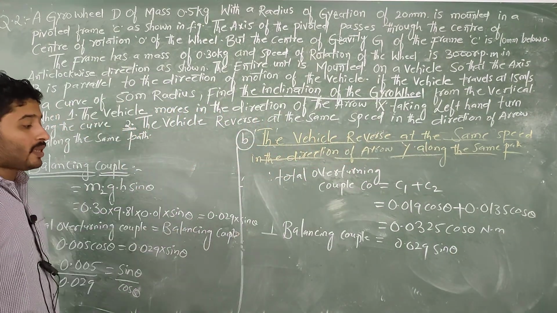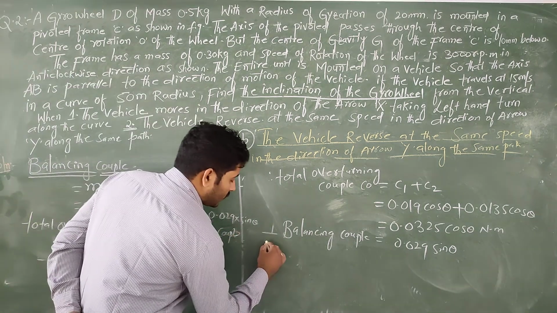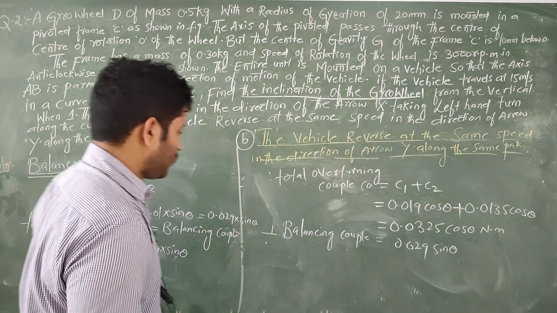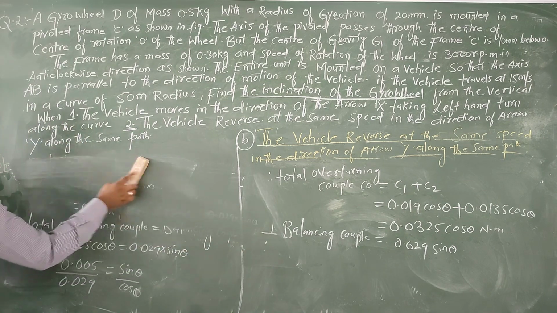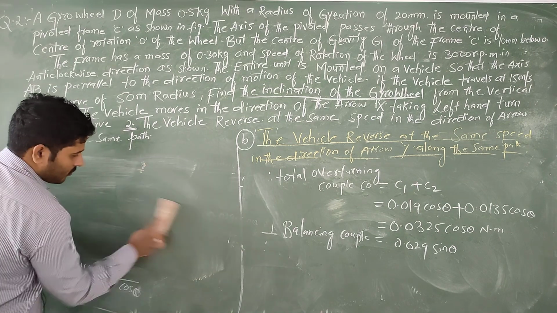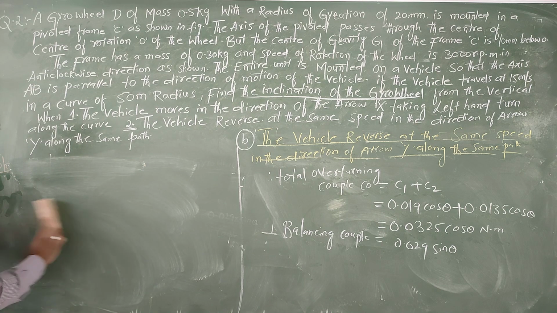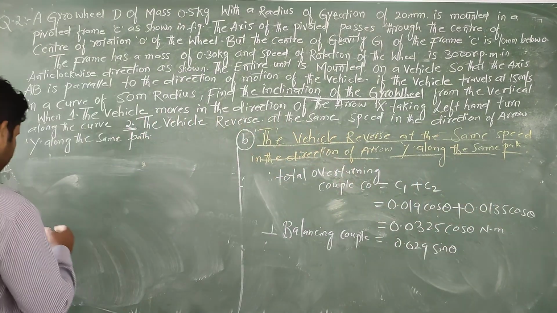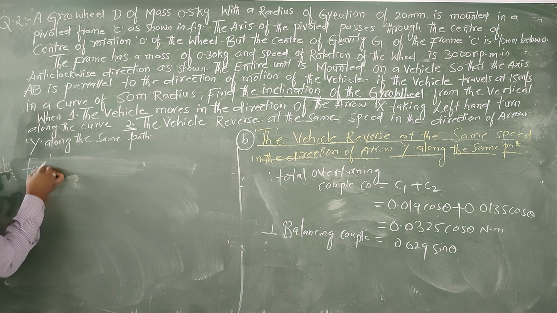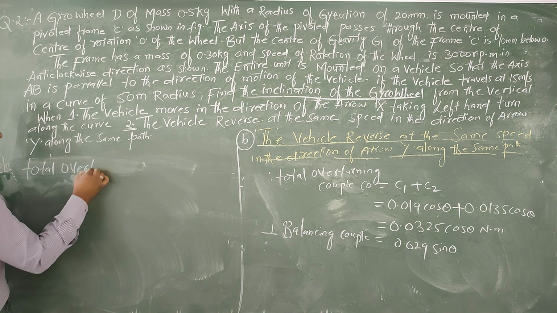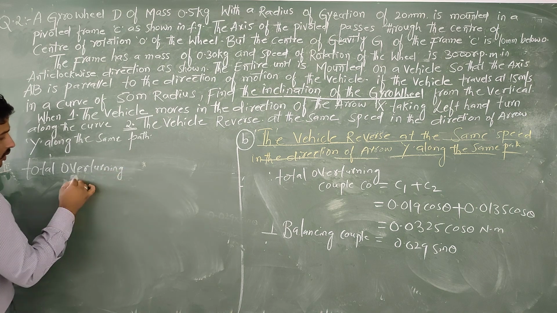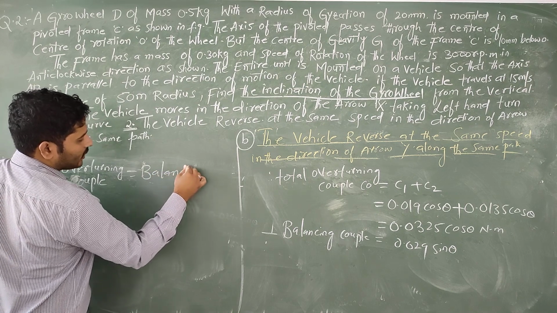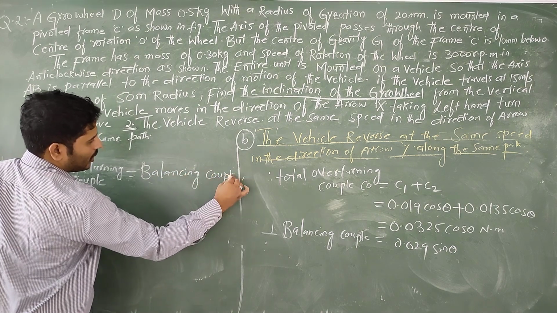Total overturning couple should be equal to the balancing couple.